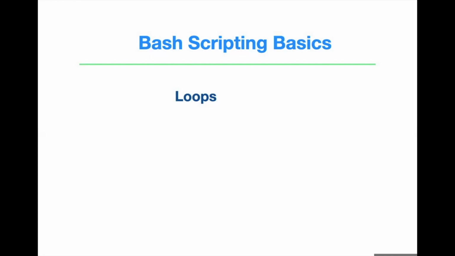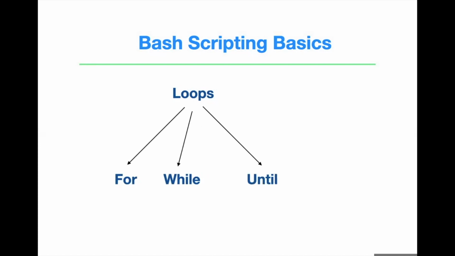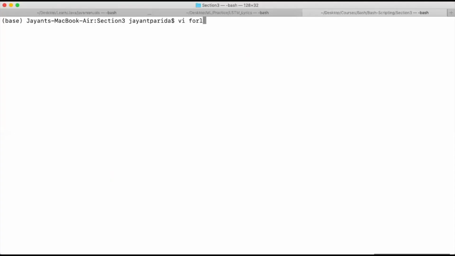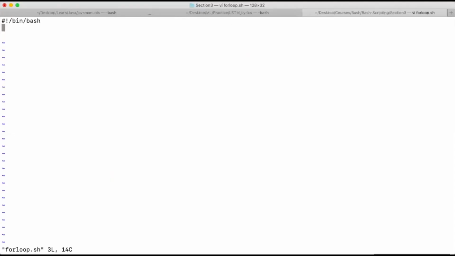Like any other programming language, we have different types of loops here, like for loop, while loop, and until loop. We'll also see break and continue statements. So let's switch over to our terminal and open the script called forloop.sh. The syntax for the for loop is for i in, and we can define some range of numbers here: 1, 2, 3, 4, 5.